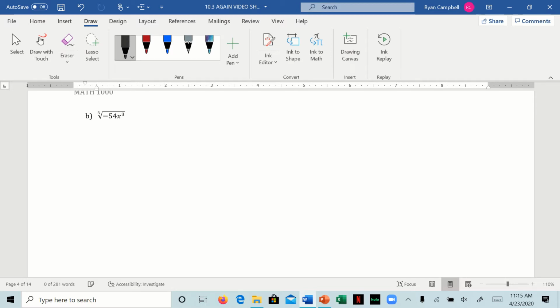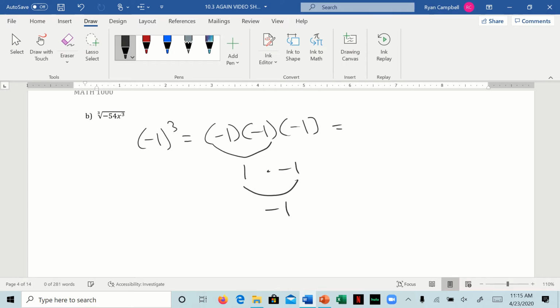So, if you have an odd number of things and it ends up being negative, is that okay? Well, notice that negative 1 times negative 1 times negative 1, so negative 1 cubed. Negative 1 times negative 1 is positive 1. Positive 1 times negative 1 is negative 1. So, yeah, you actually can get a negative if it's an odd power, index. So really, if you have an odd index, this negative can just come out.